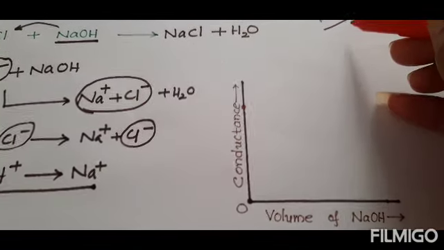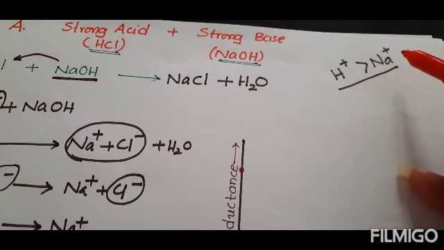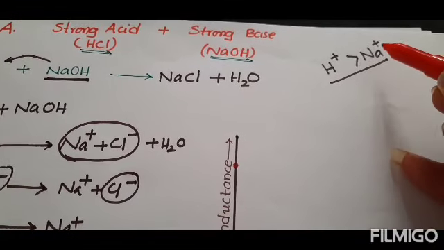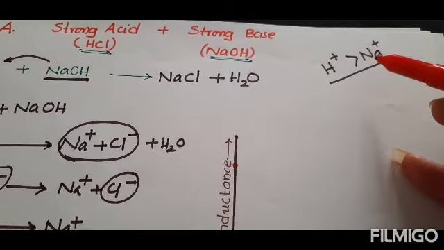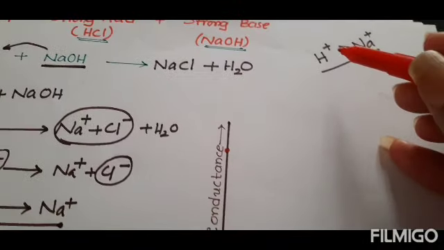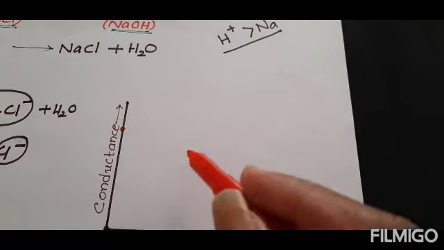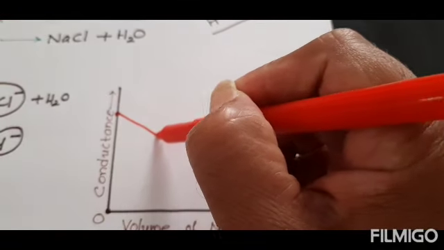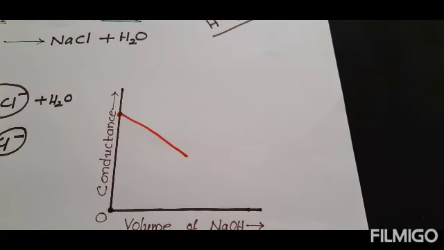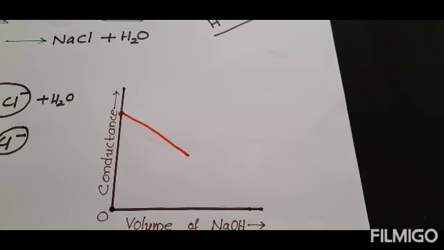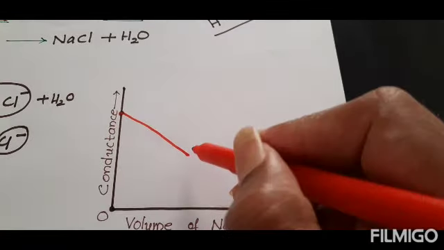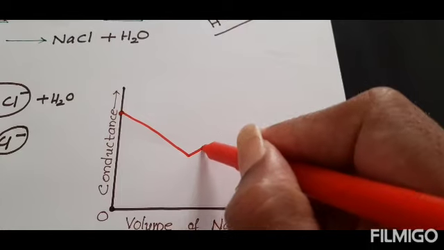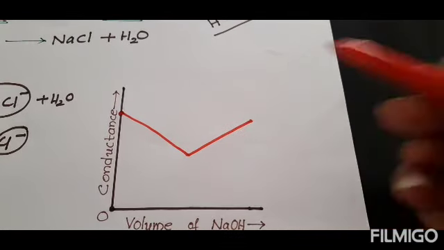The mobility of H plus is greater than Na plus. That means the incoming ion Na plus has lower conductance than the H plus. As a result, the conductance of the given solution will decrease. This decrease is continuous until all the HCl is consumed, and then there is an abrupt change in the trend.